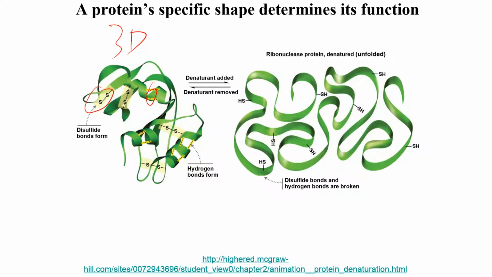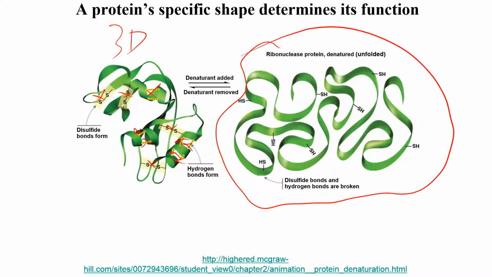And what you do is you break all these chemical bonds that hold this protein together. And the protein basically unravels. When it's unraveled, it's no longer active, because a protein is only active in its three-dimensional shape.